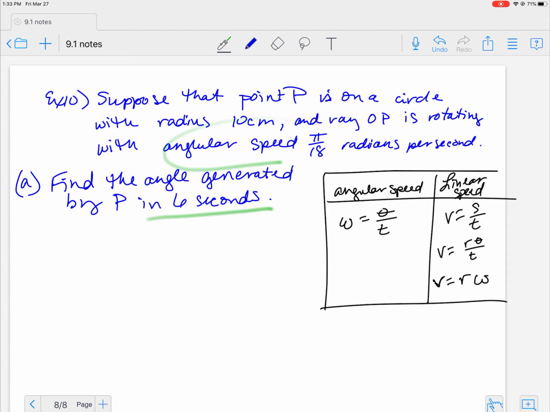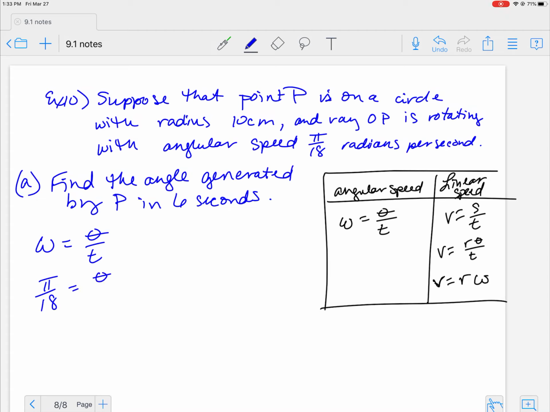I am given this radius information, and in this instance, I am given time. So if I want to find an angle and I'm given this angular speed and time, I want to find the angle given angular speed and time. So basically, you're just looking at your formulas and saying, what information do I have and what information do I need to come up with?